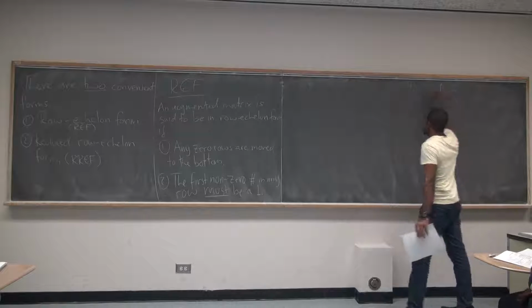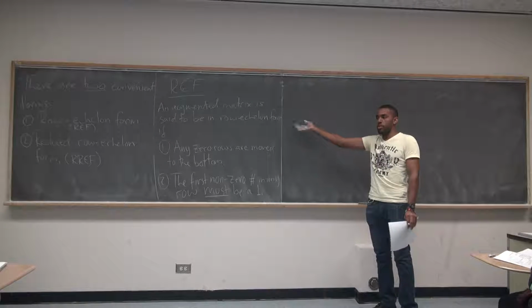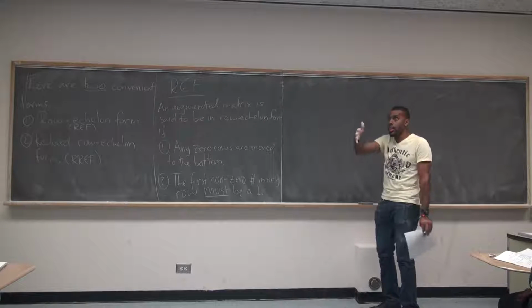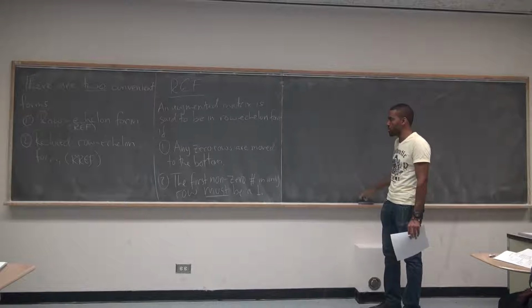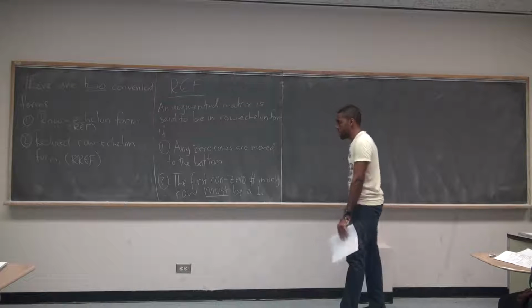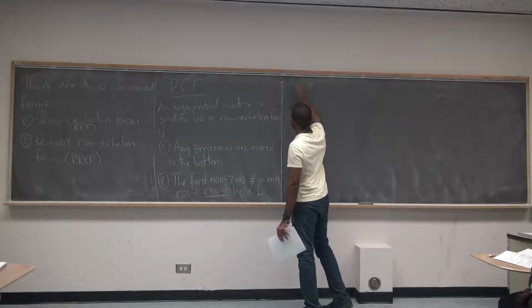Why? Because that means that the coefficient of the leading variable is 1. So you just have x. You can move everything over and right away say x equals this. Right? You don't have to say 2x equals this, then take an extra step to divide by 2. The computer is going to do all that for you. Okay? So the first non-zero number in any row must be a 1.